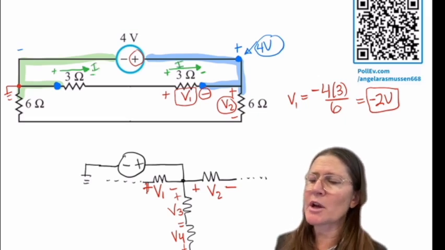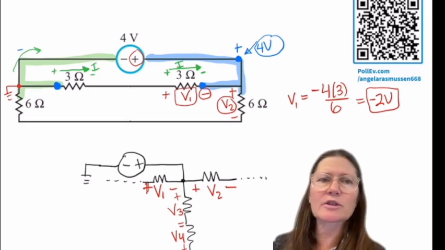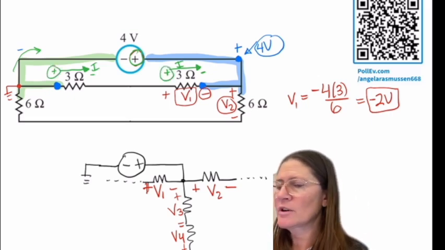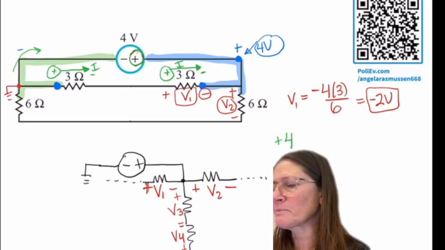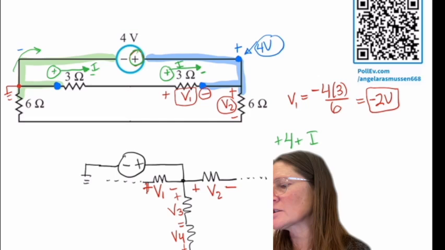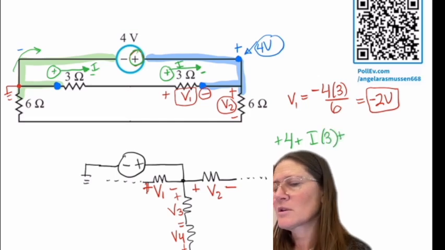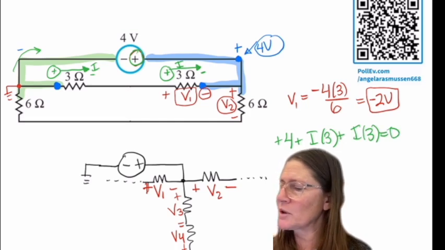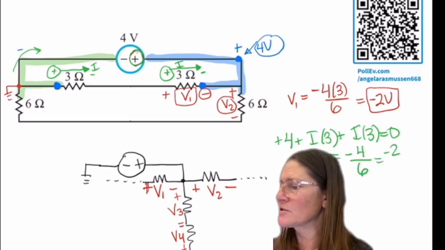As I take my loop, I'm going to go in this direction around the loop, so I'm going to go plus, plus, plus. So that would be plus 4, plus I times 3, plus I times 3 equals 0 is my loop. Solving for I, I get minus 4 over 6, or minus 2/3.